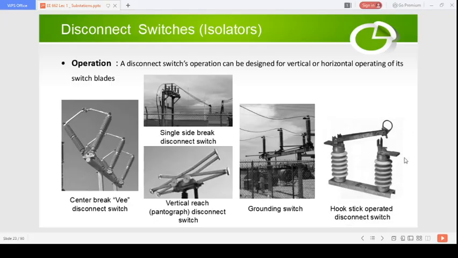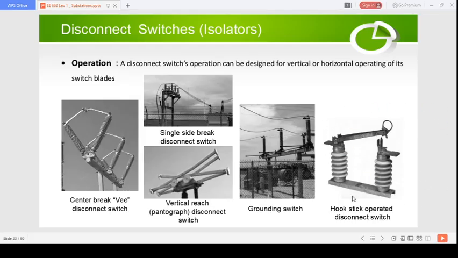So you might have seen this alongside the transformers on the road, the distribution transformers. On top of the distribution transformer you have this hook stick operated disconnect switch, which basically disconnects when you want to do maintenance of the transformer. Okay, so you might have seen these.